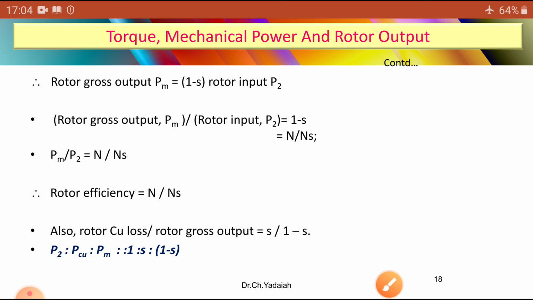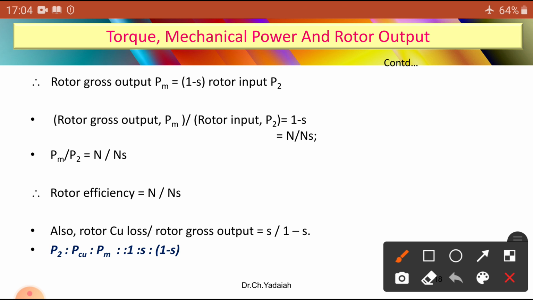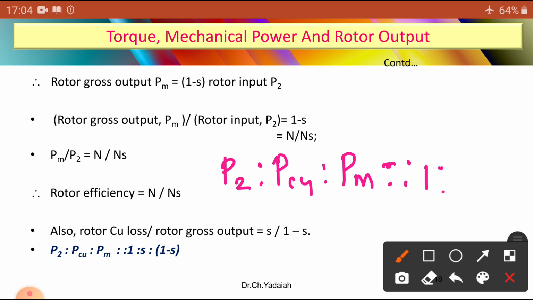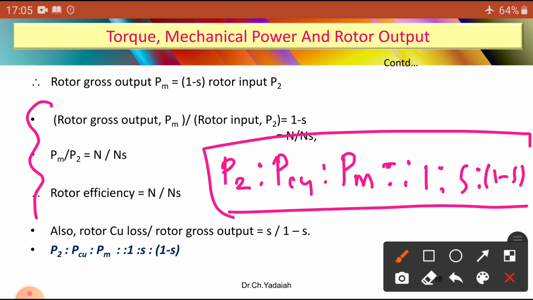Now we write it in terms of the input P2, the rotor copper loss P copper, and PM, the mechanical power developed in the rotor, in the ratio of 1 is to S is to 1 minus S. If I know these values, I can calculate any relation. That's why I created all these equations.